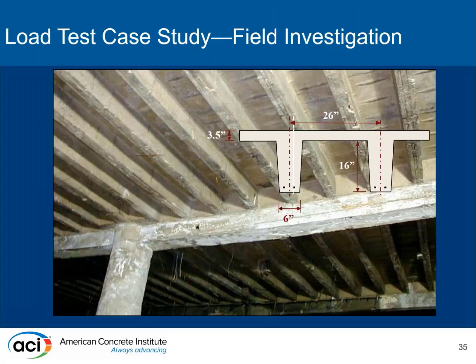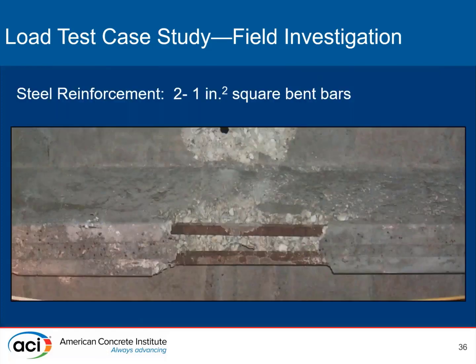So the field investigation shows that the dimensions of the structure were essentially a 3.5 inch thick flange, 6-inch wide web at the base, 26-inch spaced joist system from web to web. The steel reinforcement that was determined in this field investigation was 1-inch square bent bars.